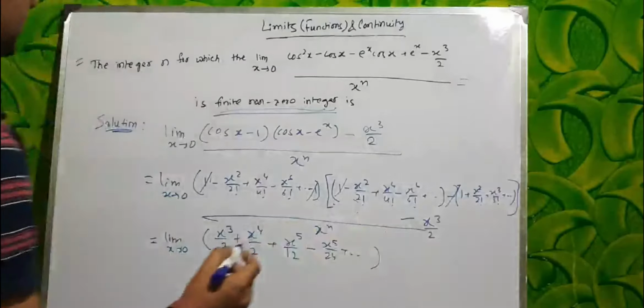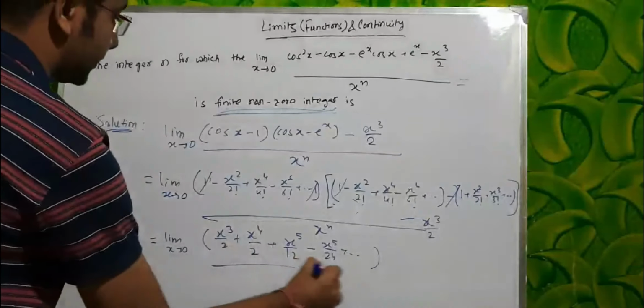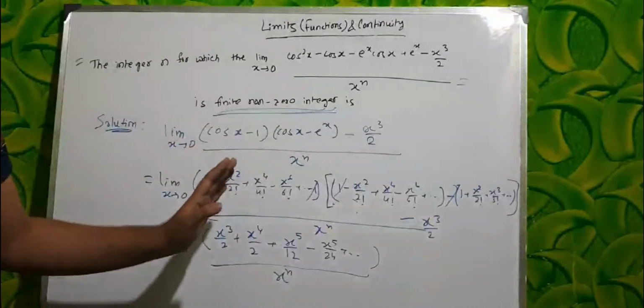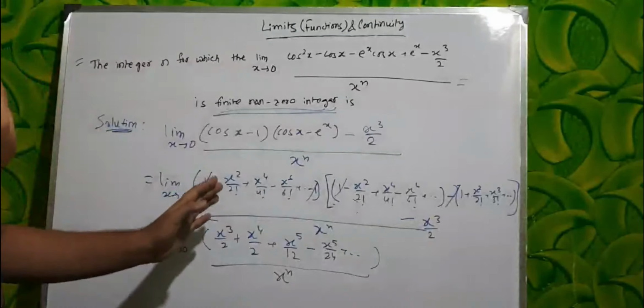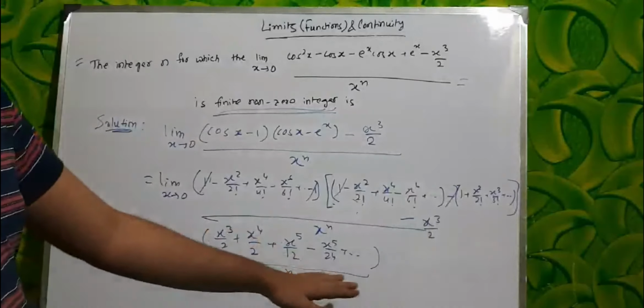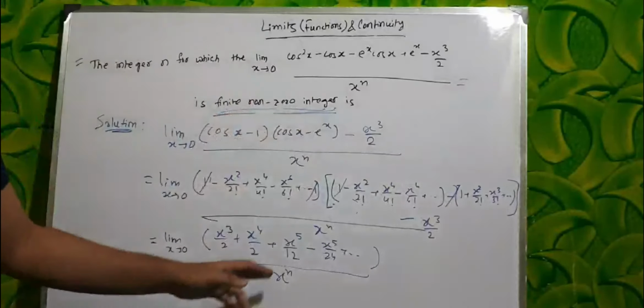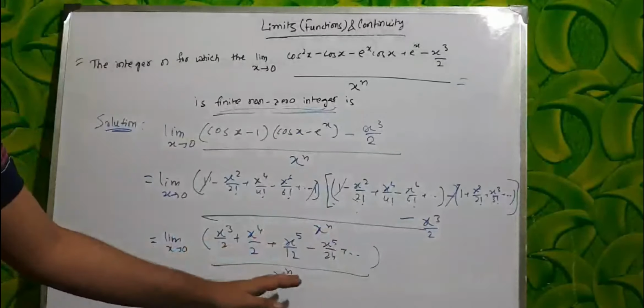We are not much interested in the next part, so we can save our time this way. Always try to make your time work. These next terms are not required because we are finding a finite non-zero integer. Up to this is enough.